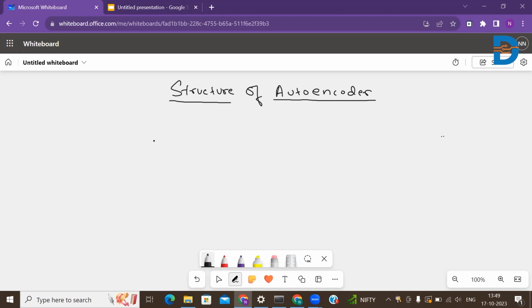So talking about the structure, we know that an autoencoder is a set of encoder and decoder. So first we have this encoder, right? This is my encoder.